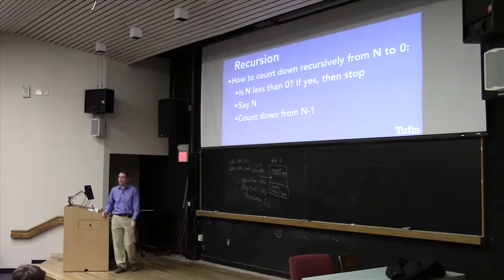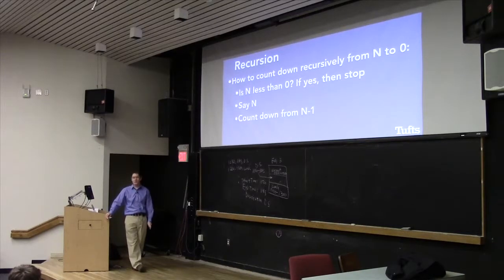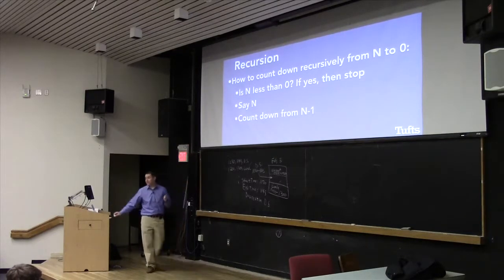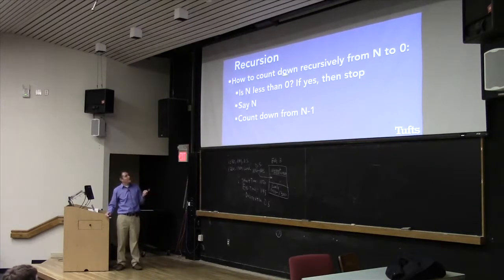One of the things about recursion is that you're trying to break the problem into slightly smaller problems. In this case, we're trying to count down from some number down to 0. We're going to start with this number, and then the slightly smaller part of that problem is saying, now we're going to count down from n minus 1. So the algorithm, if we're counting down from 3: is 3 less than 0? No. So we say 3.